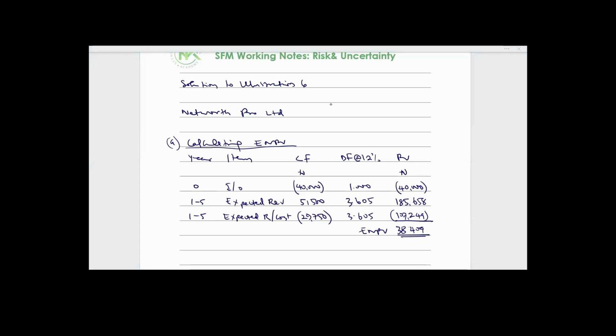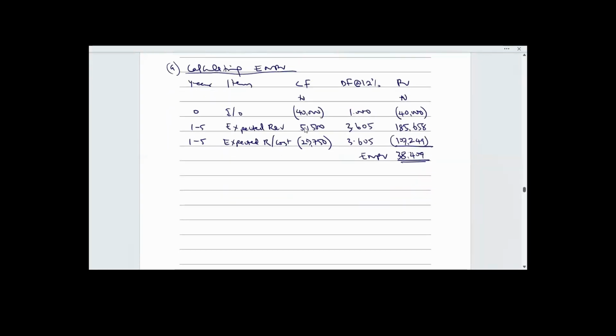So now that we have calculated the expected NPV, let's go to part B of the question. You are required to analyze the risk inherent in this situation by simulating the NPV calculations using the random numbers given.